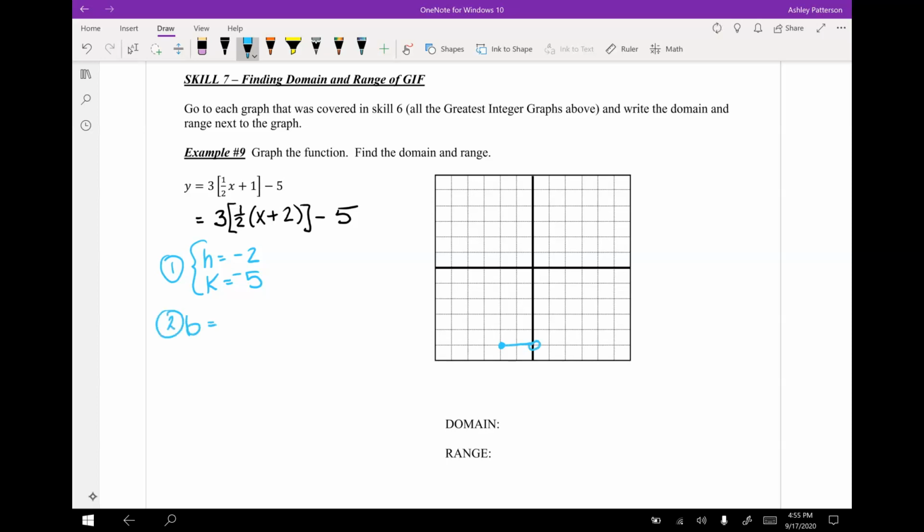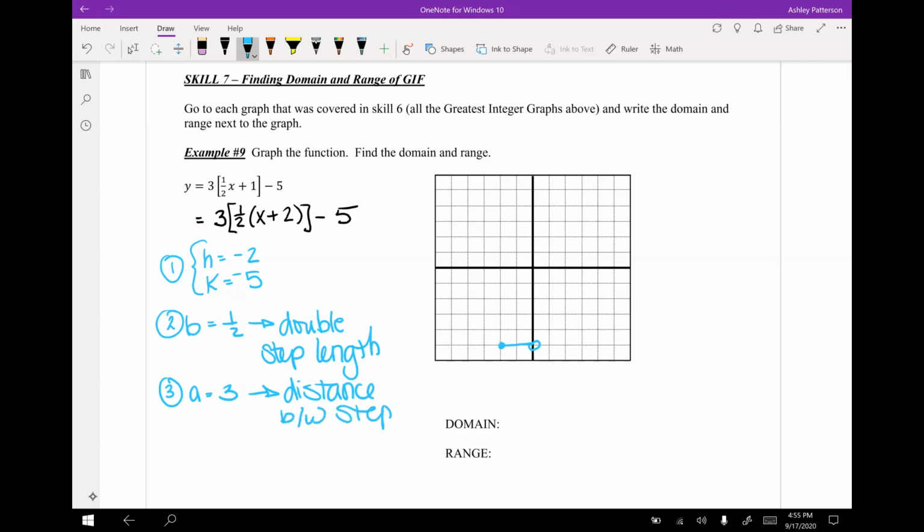I'm just writing it out real quick: double step length. A is 3, which means that the distance between the steps is going to be 3 units.